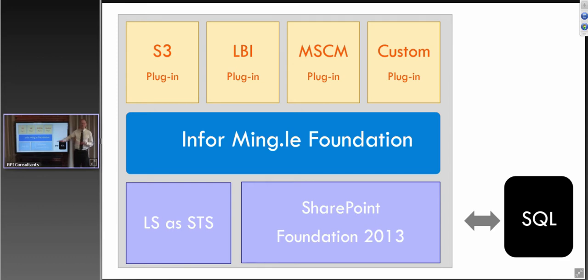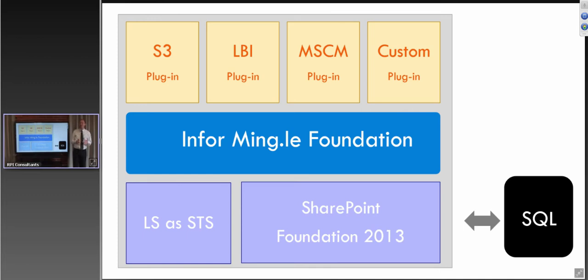And that's what this component is on the lower left, LS STS. We take the default security token service that comes with SharePoint, and we replace that with an Infor component that installs out of the DSP that offers Lawson security as a security token service.